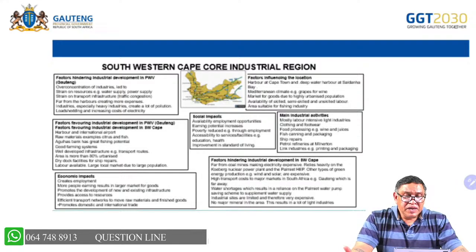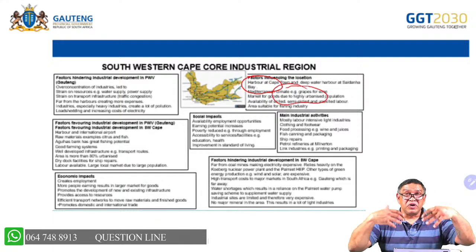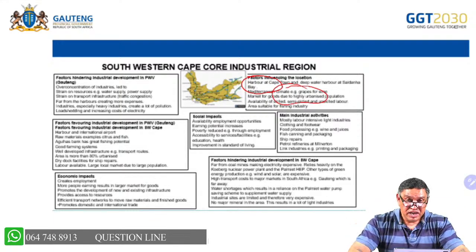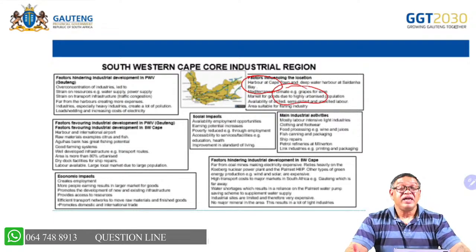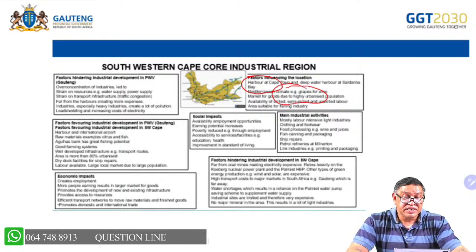Southwestern Cape is the third largest industrial area. It has a harbor, which is a factor favoring. It has a good climate for production of agricultural products, and that is why it's dominated by light industries instead of heavy, because it doesn't have much mineral raw materials.